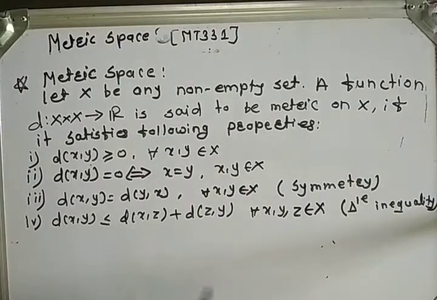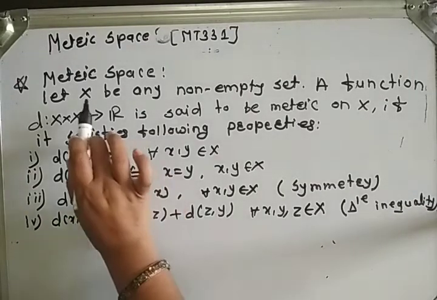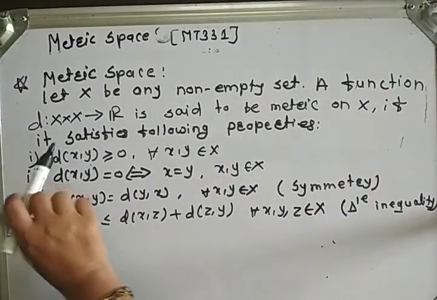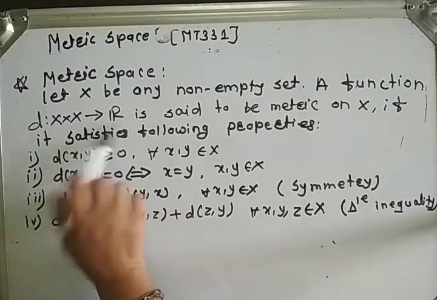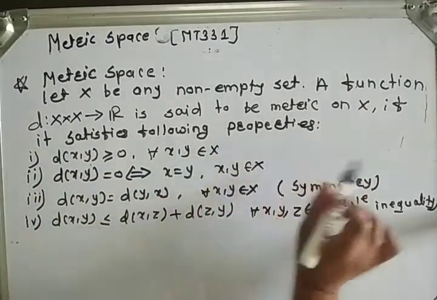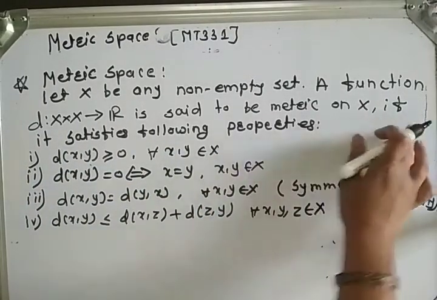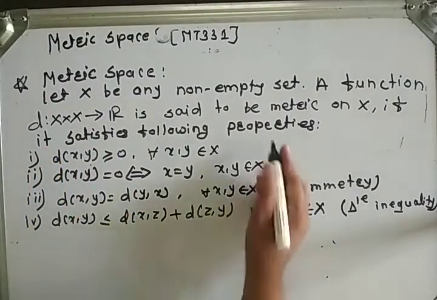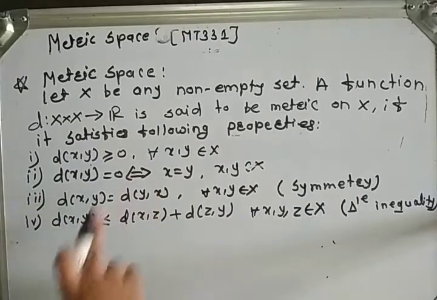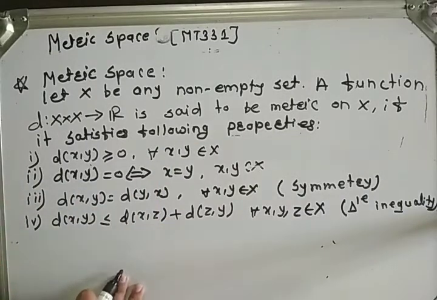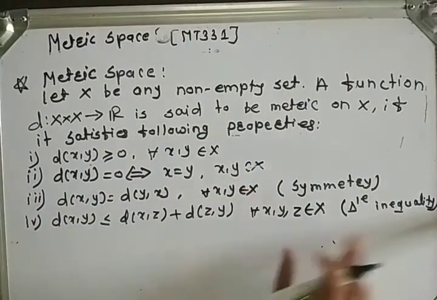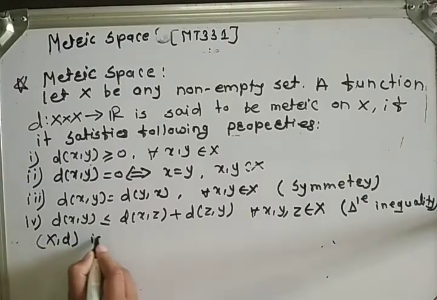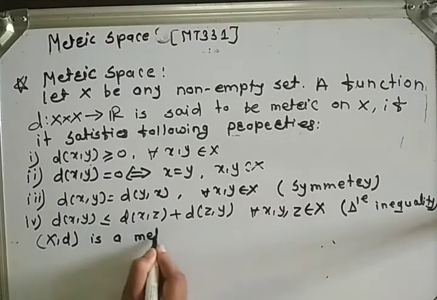Now see here, what is the definition of a metric space? Let X be any non-empty set. A function d from X cross X to R is said to be a metric on X if it satisfies these four properties, or we can say these four conditions, then d is a metric on X, or we can say that the ordered pair (X, d) is a metric space.